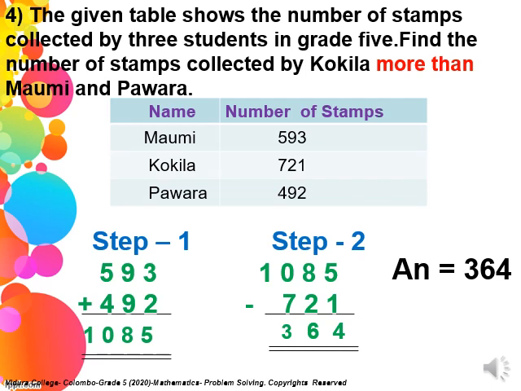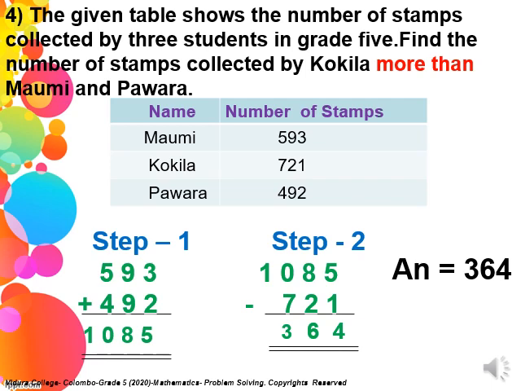No. So step 1 is you have to find the total number of stamps collected by both Mayumi and Pavara. So let's add 593, Mayumi's collection, and 492, Pavara's collection. So you have 1085 as your answer. So that means they both collected 1085 stamps.